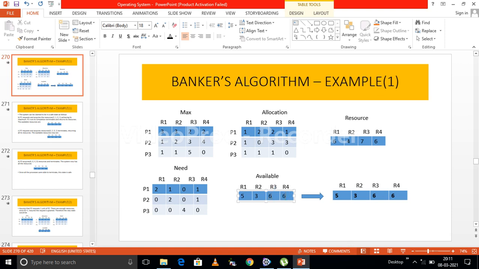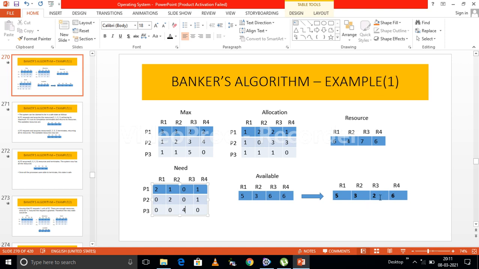Now when I have allocated 4 instances of R3 to P3, our requirement changed. It will be 5, 3, 2, 6, because it doesn't require any instance of R1, R2 and R4. So 5, 3 and 6 I have written intact, and the requirement of R3 was 4. Total available were 6, so we are remaining with 2 instances.